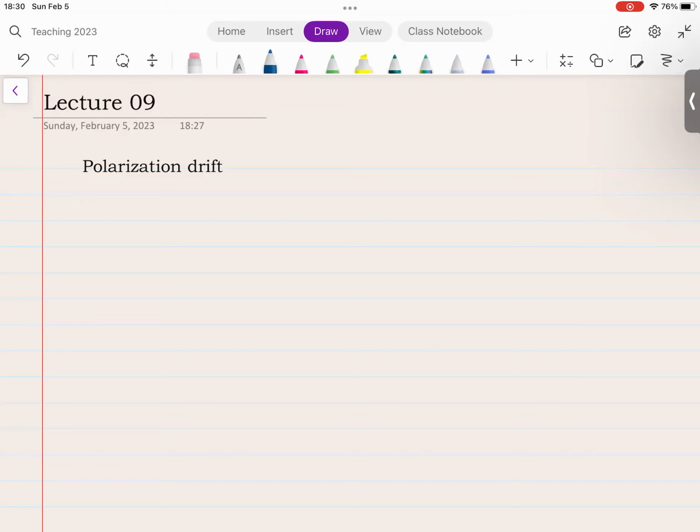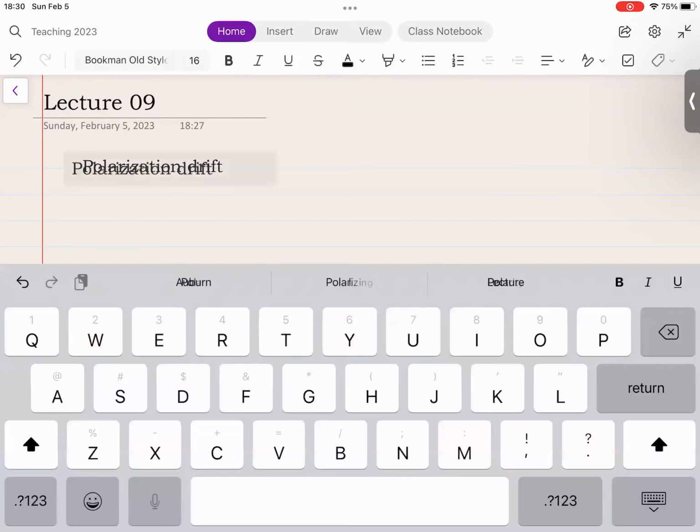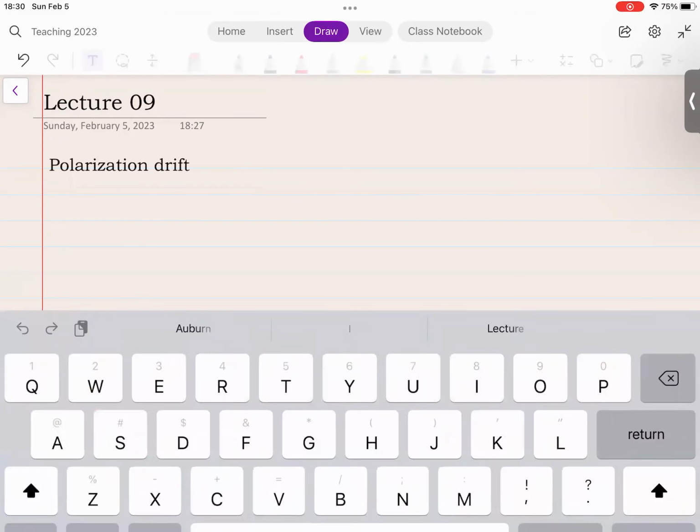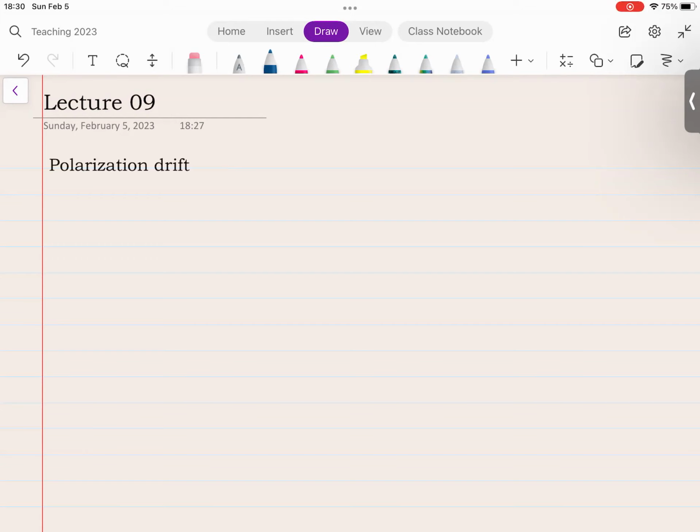That was a little messy, sorry about that. And now we're trying to repeat the derivation using the equation of motion for our charged particle. And let me remind you of where we closed lecture 8.